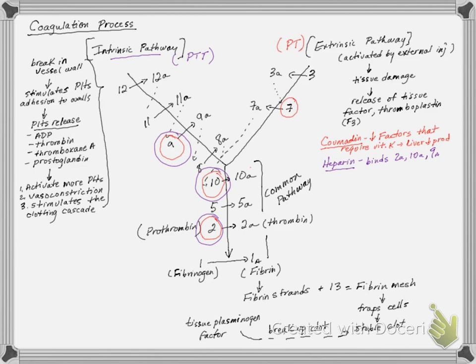We're going to talk about another one, which is low molecular weight heparin. This is like enoxaparin, which you guys give a lot of. This only acts on factor 10.